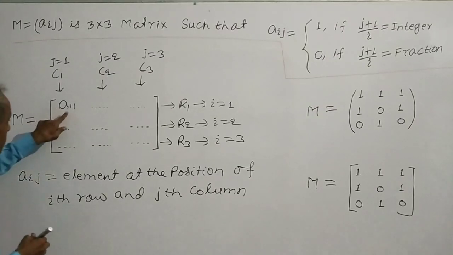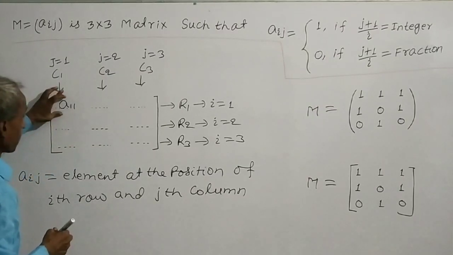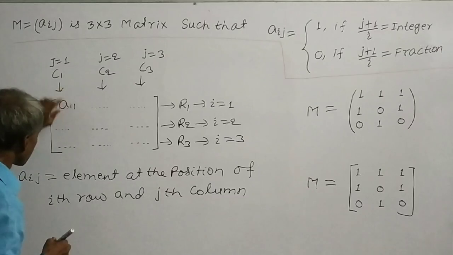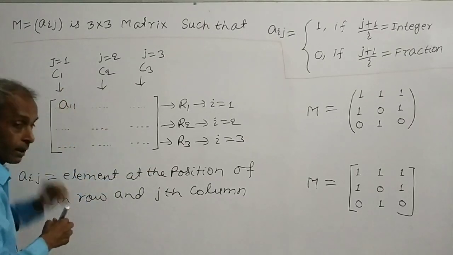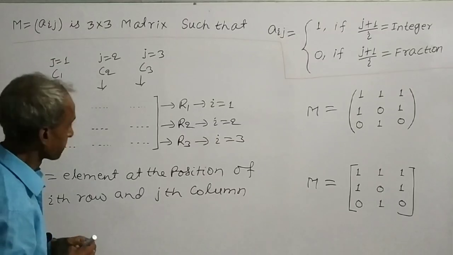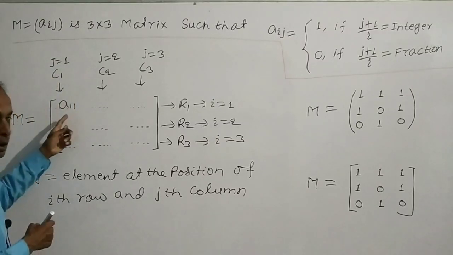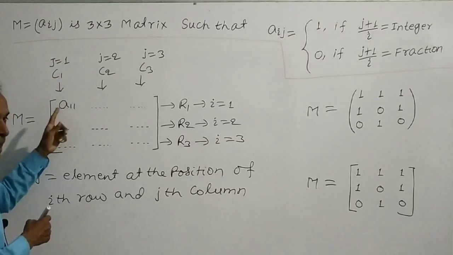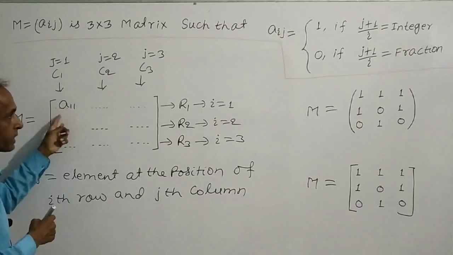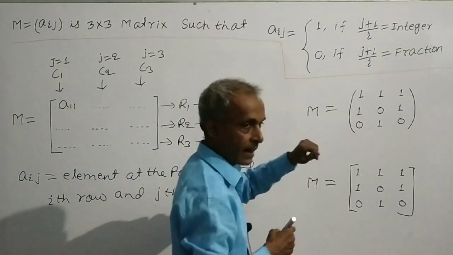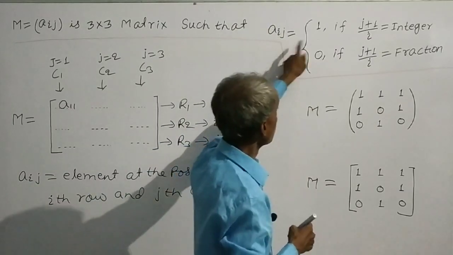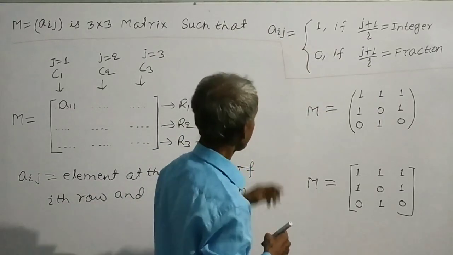But A11 denotes the element at this position, but A11 itself is not the element at this position. As for example, what number will come at this position, we can find that by using this rule.